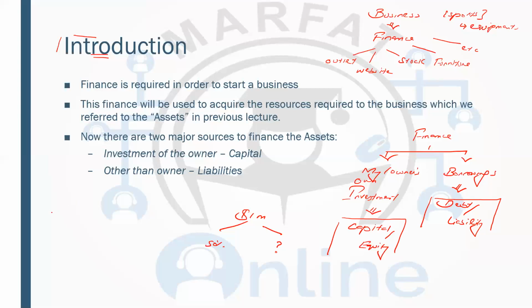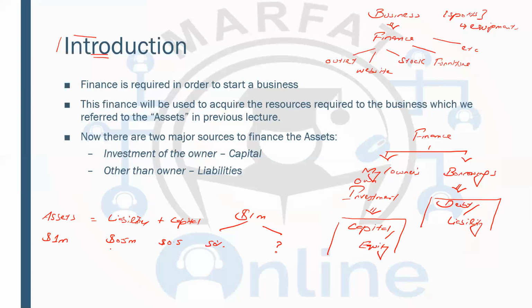Now, I can say that the assets of my business are worth 1 million in total. Out of this 1 million, 50% have been financed by the liabilities, which is 0.5 million, and the other 50% was my own investment, which is known as the capital.